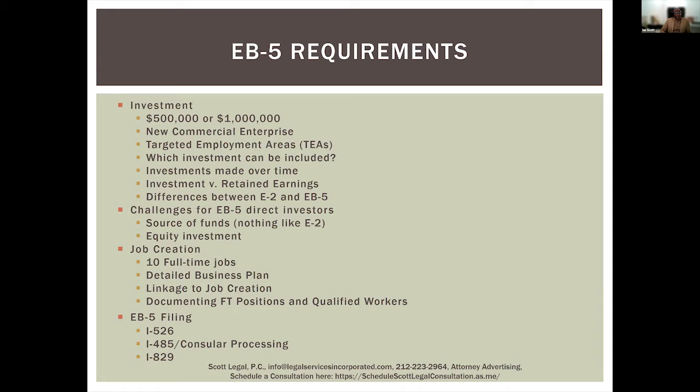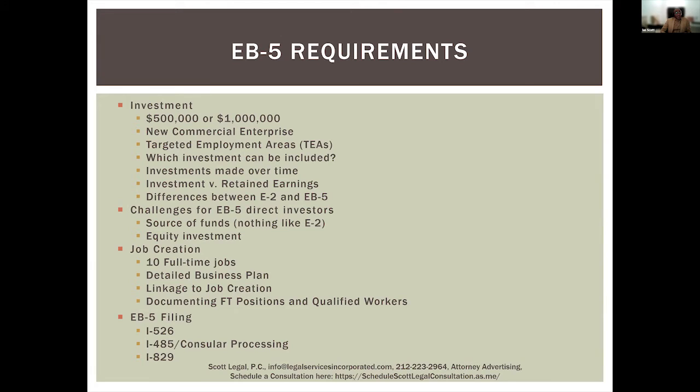Now, first and foremost, the requirement is that you have to invest either $500,000 or $1 million. And what determines which one? If the business is going to be in what's called a targeted employment area or a rural area, then it's $500,000. Rural area is defined by the government, so it's based on population, and the government will say that this population is low enough, so it's considered rural.